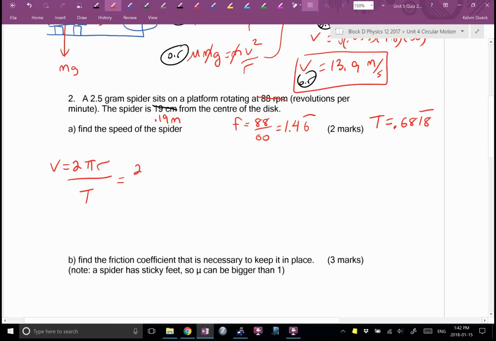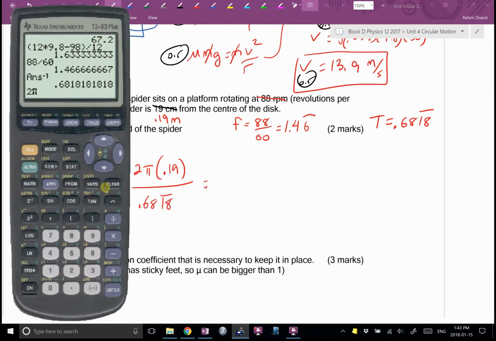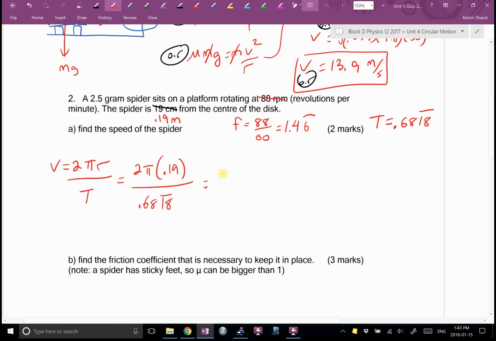It's going to be 2 pi times 0.19 over 0.6818, but I'm going to use my answer button, of course. And I said, okay, its speed is 1.75. Is that right? 2 marks for that, please.